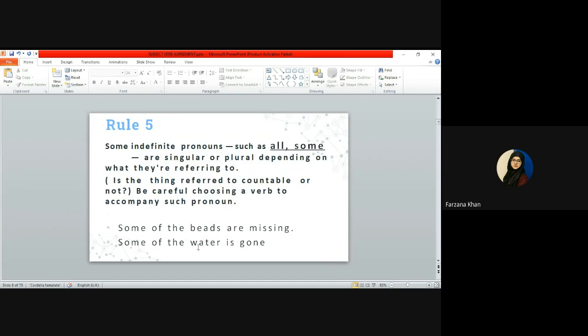Water cannot be counted. Similarly, milk cannot be counted. So, some of the water is gone. So when all and some, which are indefinite pronouns, refer to uncountable nouns, then you will add a singular verb, but when they are for countable nouns, then you will go for a plural verb.